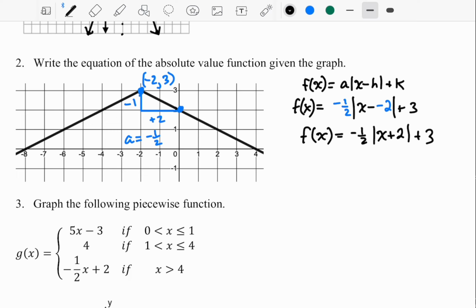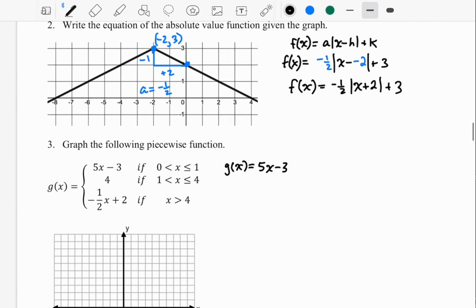Graphing a piecewise function, that's the one that's most involved. You're graphing, in this case, 3 pieces, so we have to deal with each domain, each equation. We think of this as g of x is equal to 5x minus 3, but only when x is between 0 and 1.